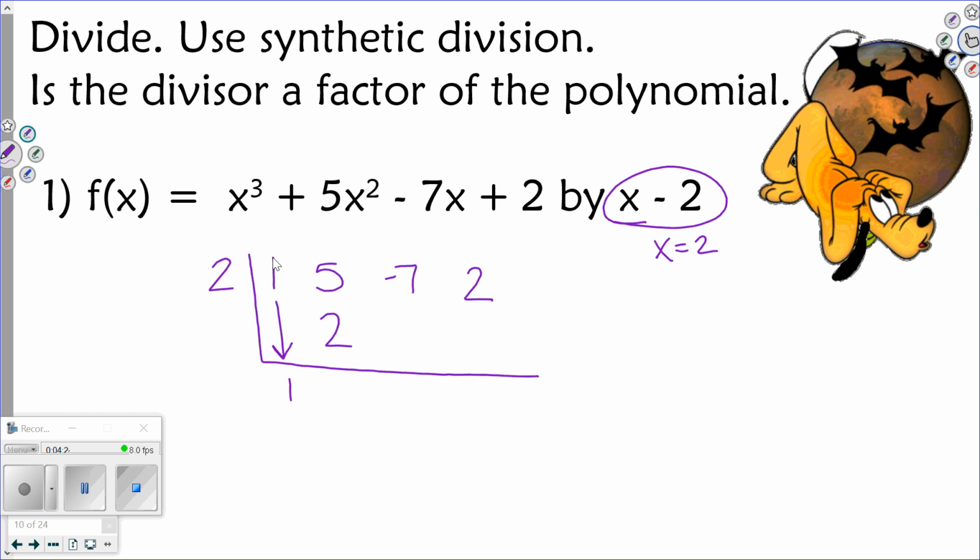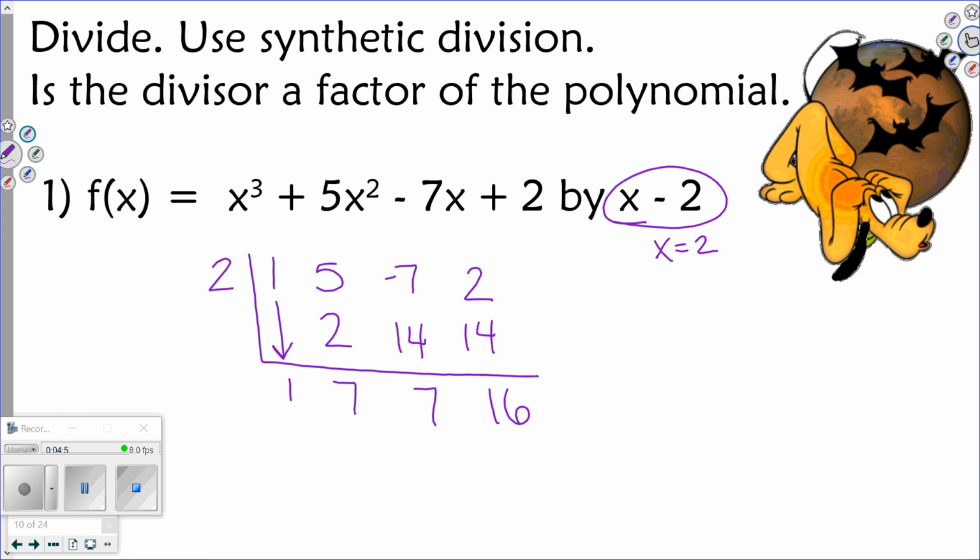And then you will add or subtract, depending on your signs, right here. What's 5 plus 2? Multiply. What is 2 times 7? Then add or subtract, depending on your signs. Negative 7 and 14. And then we multiply again. 2 times 7. And then you add.